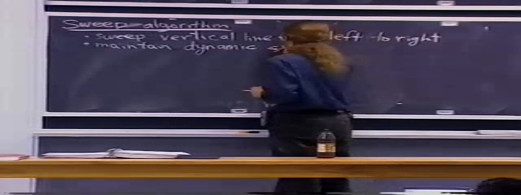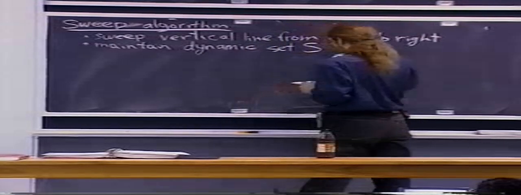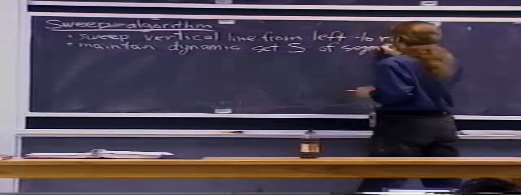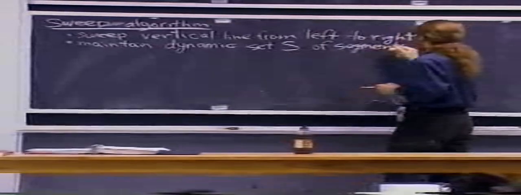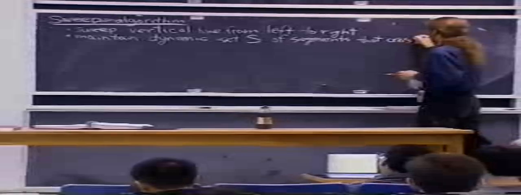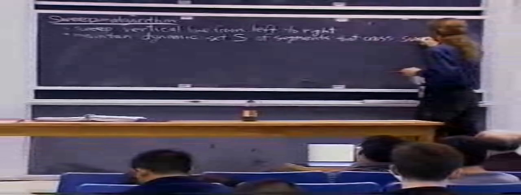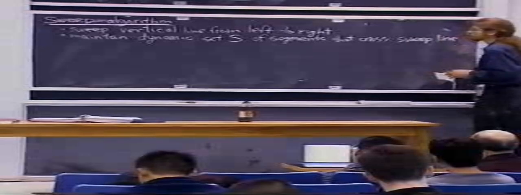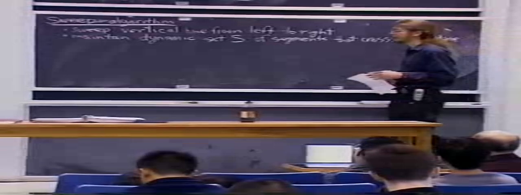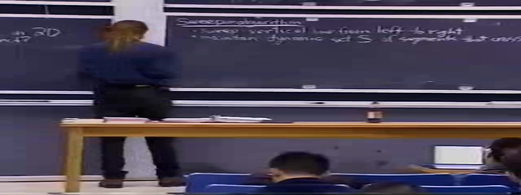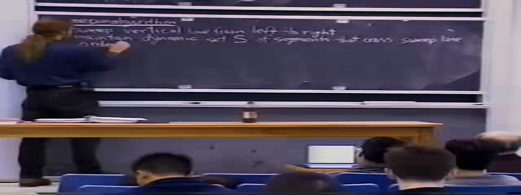I'm going to maintain a dynamic set S of the line segments that cross my sweep line. There's at most n of them at any time, and which segments I'm crossing changes as time goes on. And furthermore, I want that set to be ordered.